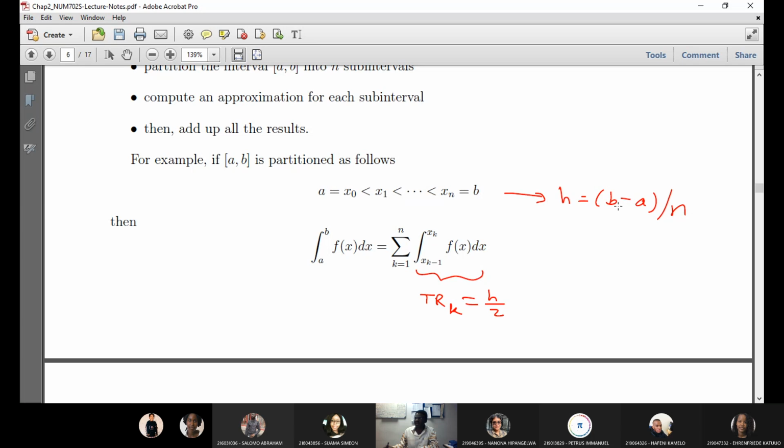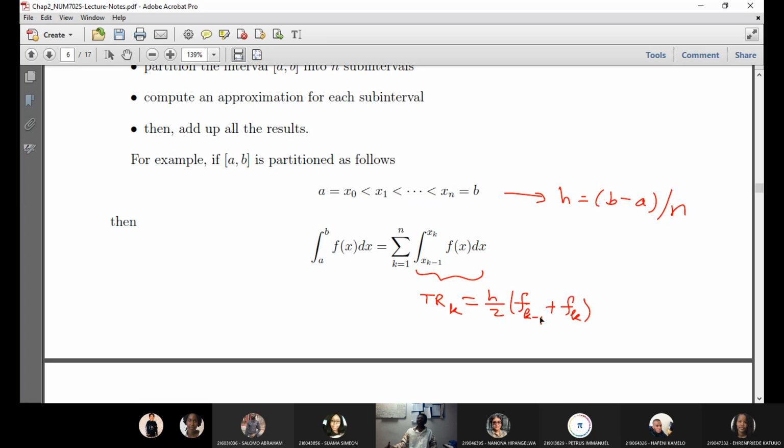You see, instead of b minus a, the original long interval, now we have a smaller subinterval. If the length is b minus a by n, and n is large, I have a smaller subinterval. So the trapezoidal rule applied to this subinterval will be f sub k minus 1 plus f sub k. And then we can sum.